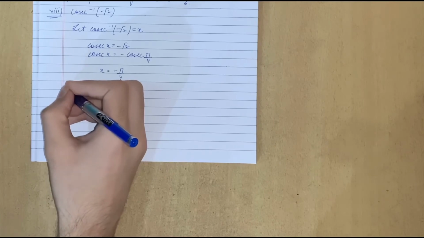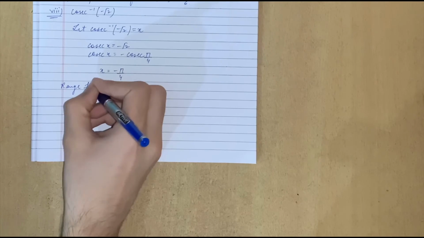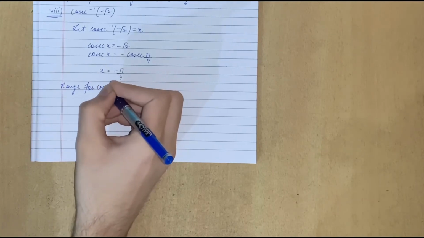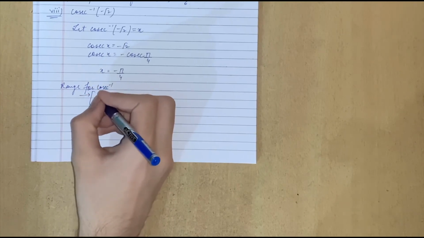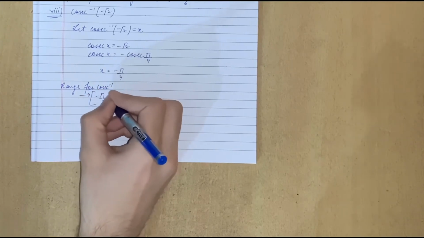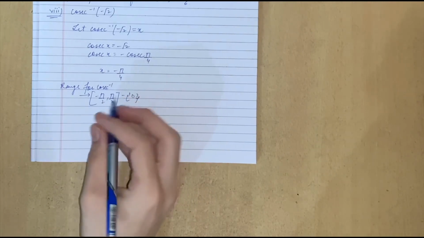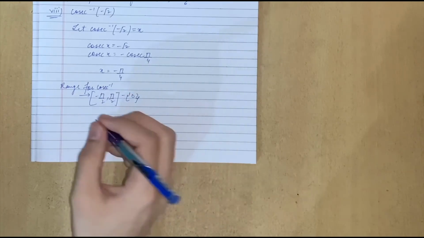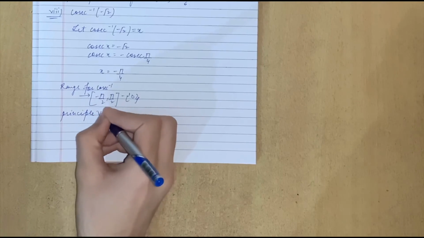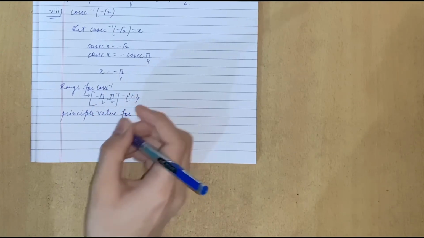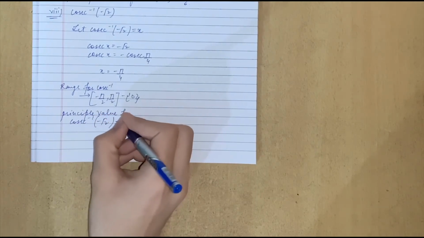As we know that the range for cosecant inverse is minus pi by 2 to pi by 2 except 0. So minus pi by 4 is in this range, so we will write that the principal value for cosecant inverse minus root 2 is minus pi by 4.